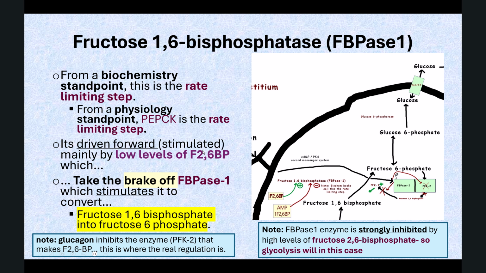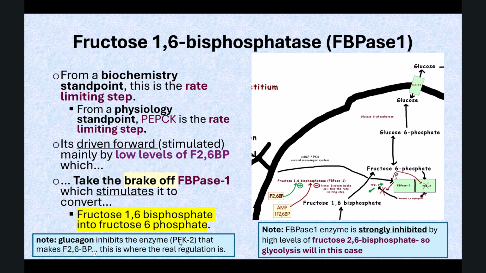Okay, so it's driven forward by low levels of F26BP, or fructose 2,6-bisphosphate. Not phosphatase. This is a domino. This is an intermediate. It's not an enzyme. And we already talked about that. That'll take the brake off FBPase1 and stimulate it to convert fructose 1,6-bisphosphate to fructose 6-phosphate.